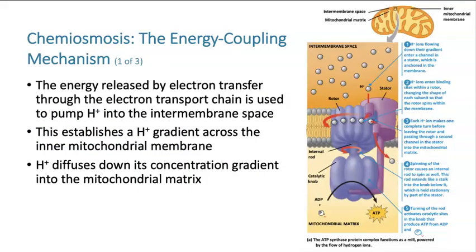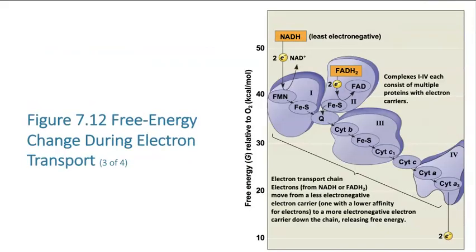But a big thing is happening, which I kind of skipped over because it's not shown in this process, and that is that a whole bunch of protons are being put into the space between the two membranes.